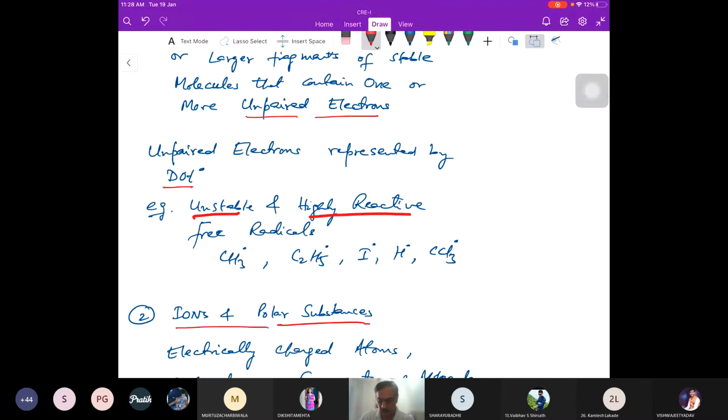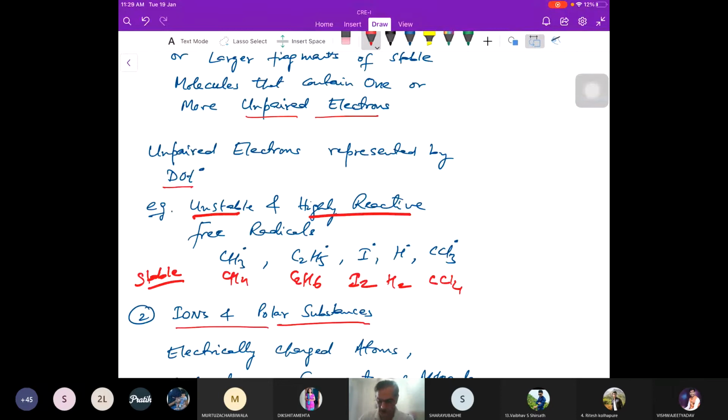C2H5 dot, iodine. Actually, iodine exists as which, in what form? I2 molecule, sir. आयोडीन मॉलिक्यूल रहता है, राइट? स्टेबल फॉर्म जो रहता है. CH4, C2H6, I2, hydrogen, CHCl3, right?